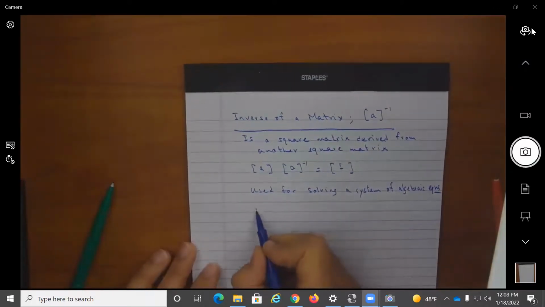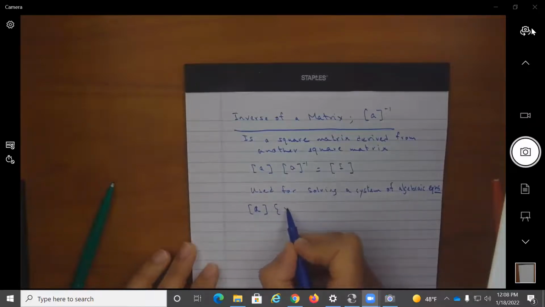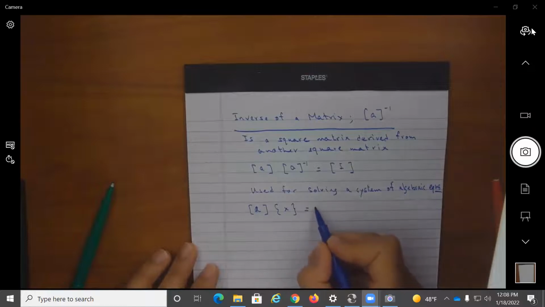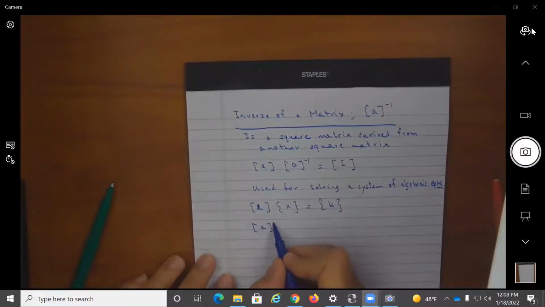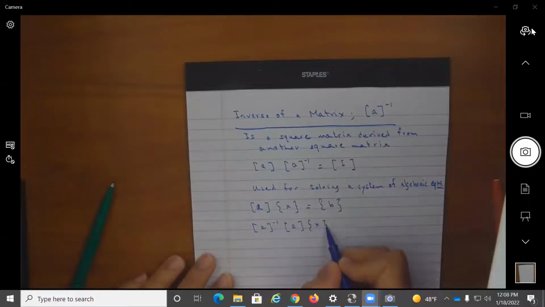So if I have A times X equals B, if I can find the inverse of A, I multiply it by A times X.